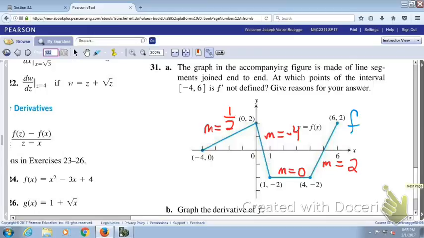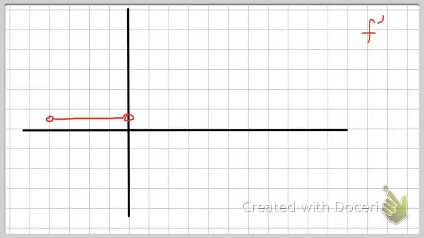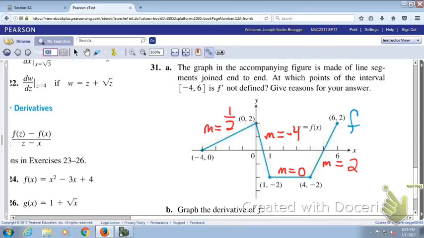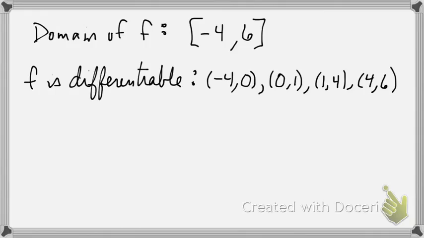What happens at 0? The slope jumps to -4. So from 0 to 1, the slope is a constant -4. You guys agree? Then what happens at 1? The slope goes to 0. It makes a jump to 0.